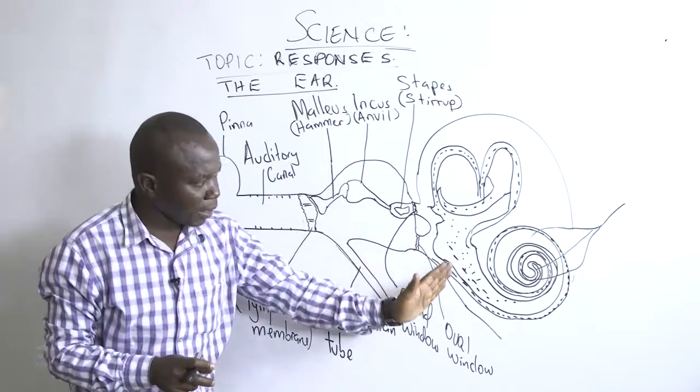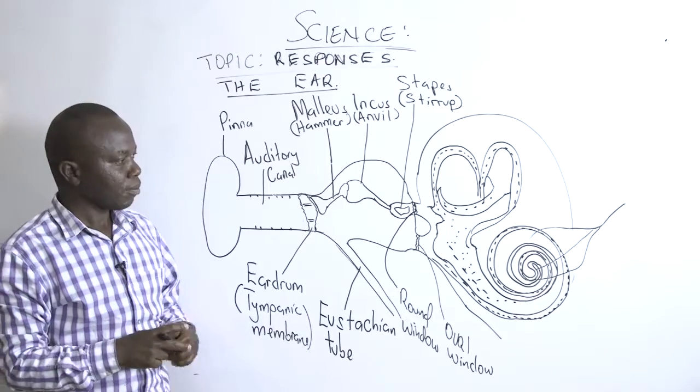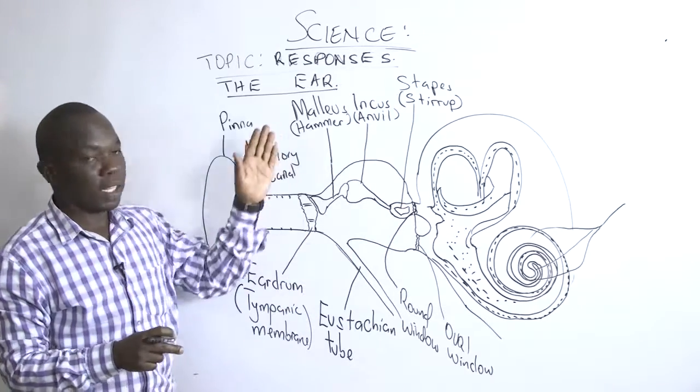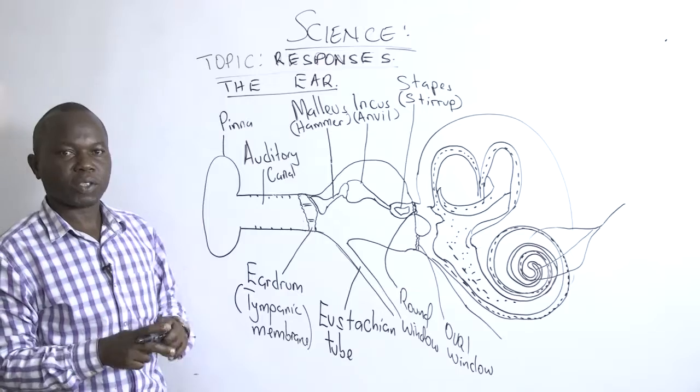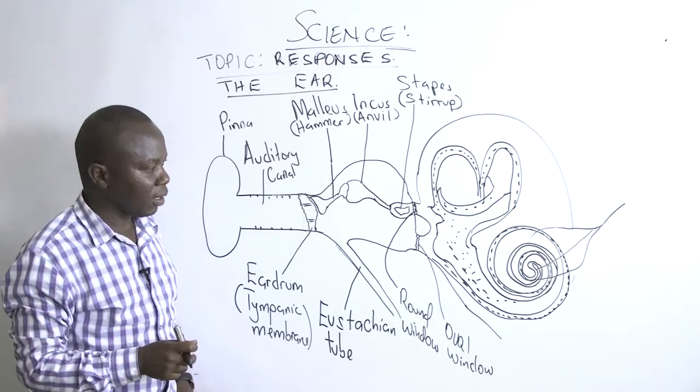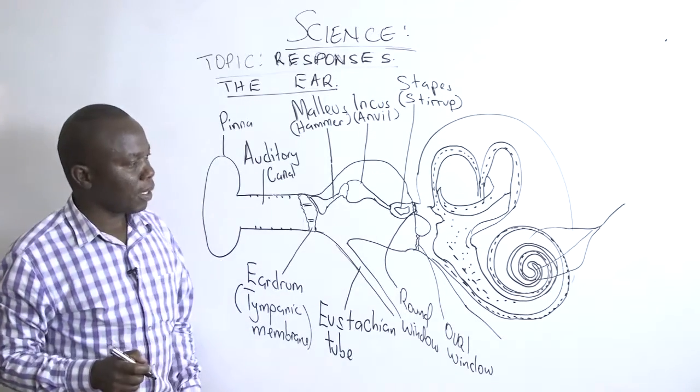But now the remaining part, which is the most basic part of the ear that will perform the two functions of balance and hearing, we have two major parts.